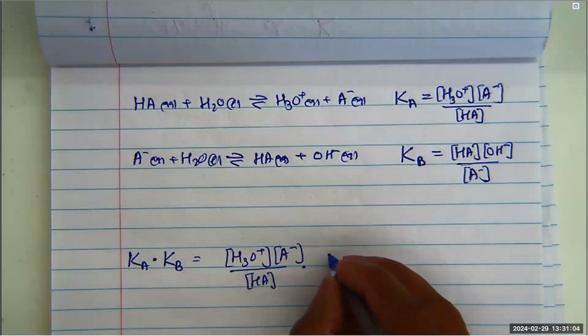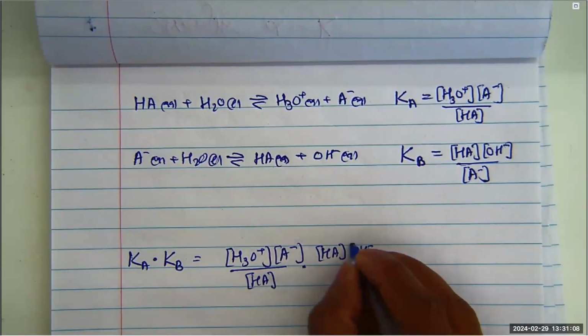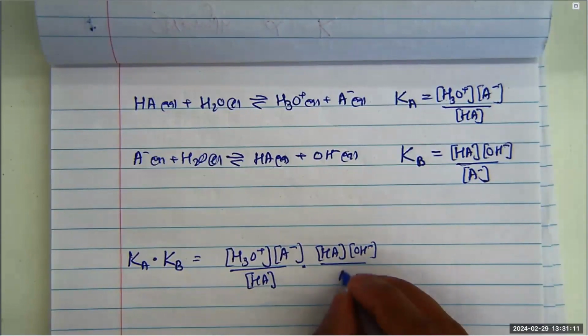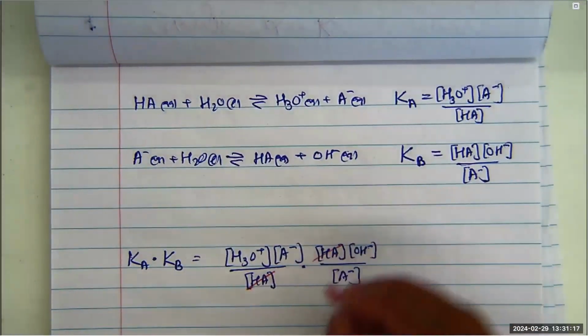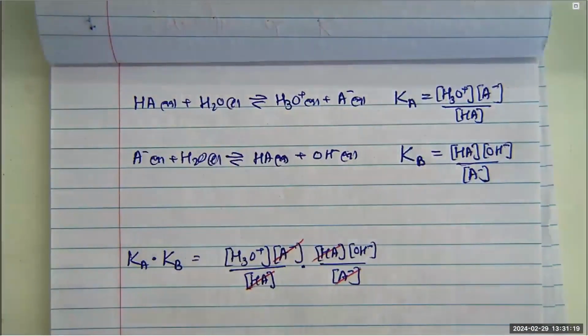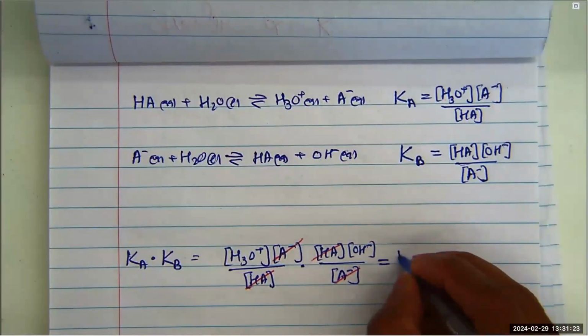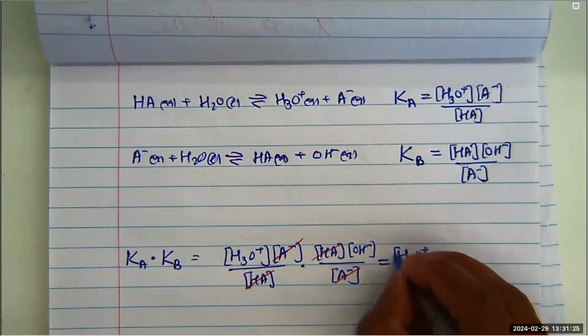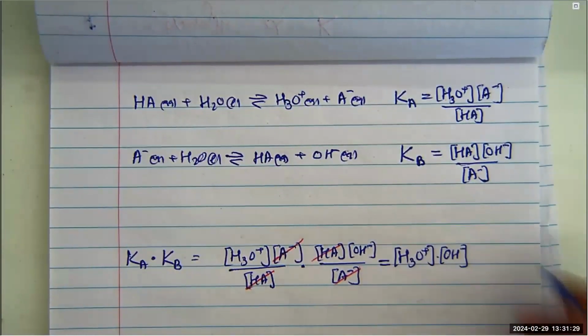And then if I multiply that by Kb, which is the HA concentration times the OH minus concentration over the A minus concentration, I like this part because I get to cancel things out. HA cancels out, A minus cancels out. And then what I'm going to be left with is the H3O+ concentration times the OH minus concentration.